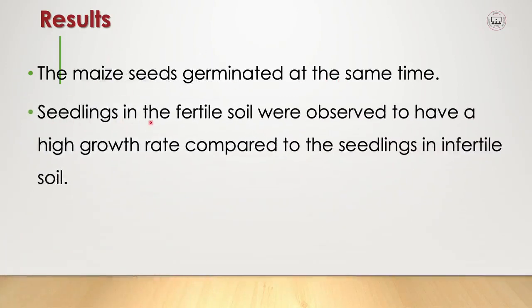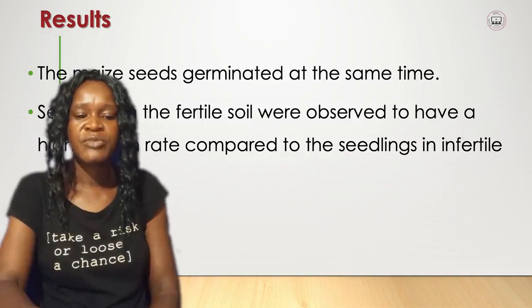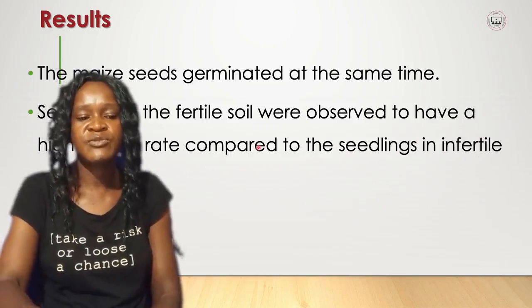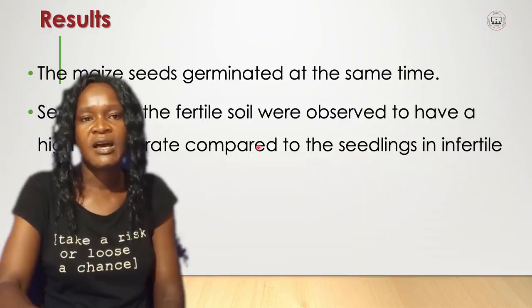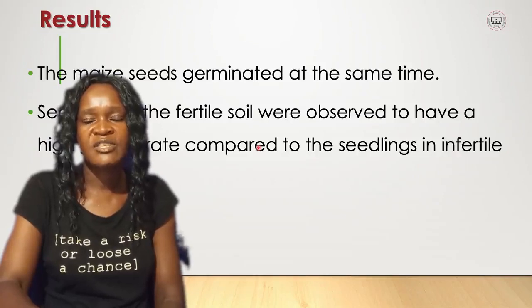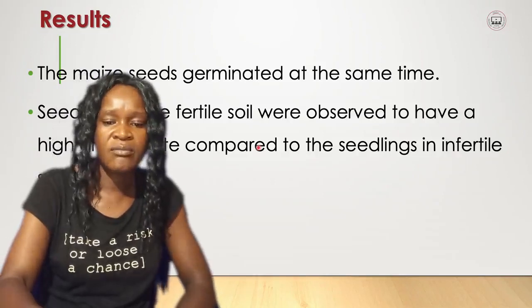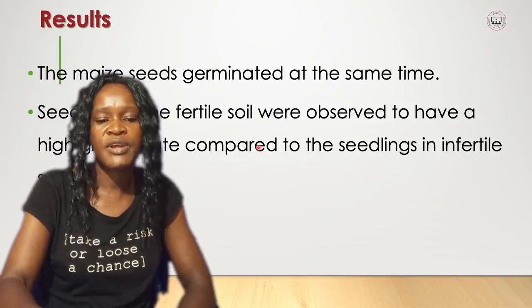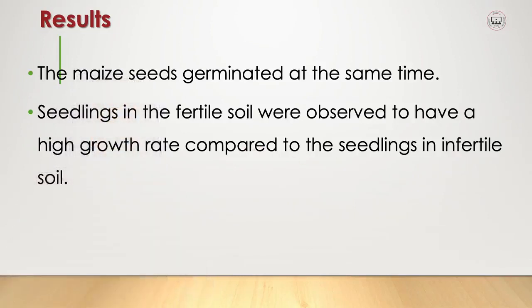But seedlings in the fertile soil were observed to have a high growth rate compared to the seedlings in the infertile soil. So after germination, there were some differences in terms of the growth rate. The expectation is that there will be a high growth rate in the fertile soil rather than in the infertile soil.